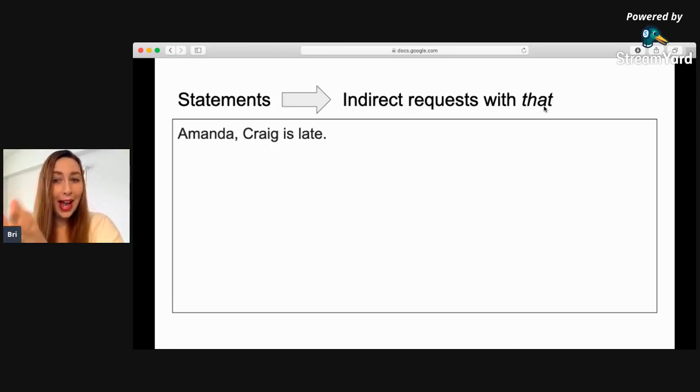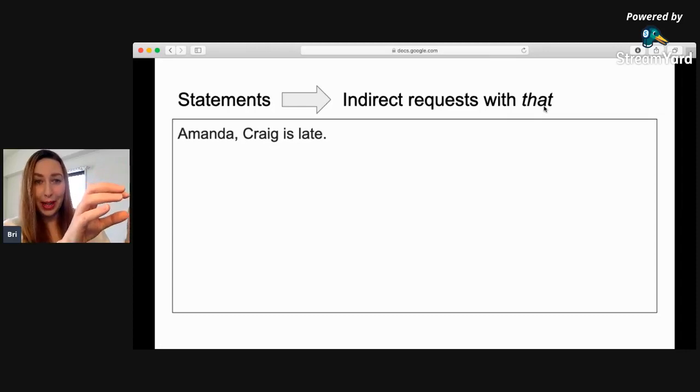But what happens if we want to tell Amanda this information, but we don't know where Amanda is? Instead, we tell our other friend to pass this information to Amanda. So it becomes indirect, okay?